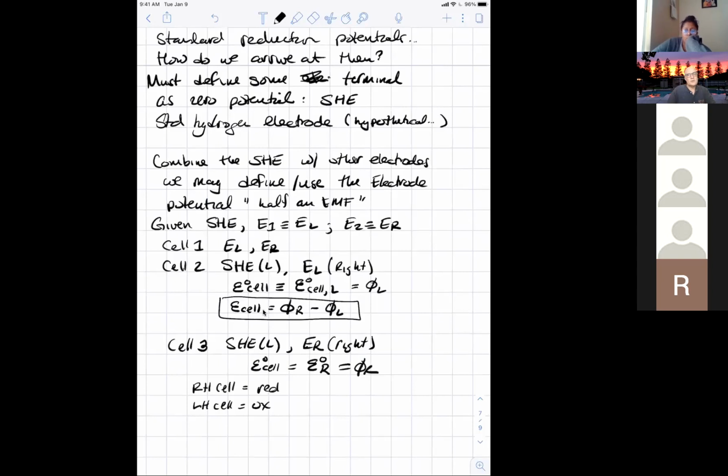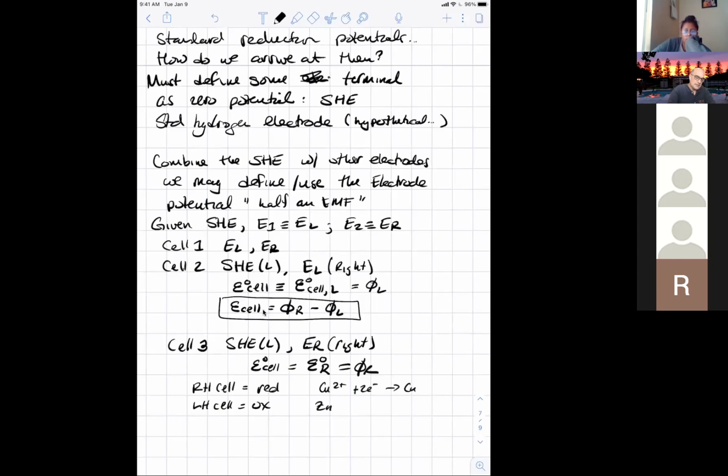And again, I'm going through this again. DeVoe doesn't go through this again, but I think it's important to center what we know. When we're learning new things, it's important to center with what we know. And we know this kind of thing, right? So this would be something like the copper 2 plus 2 electrons going to copper, for example.